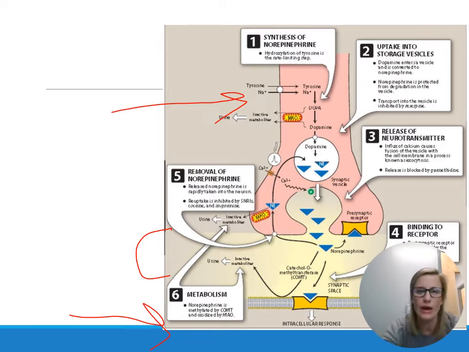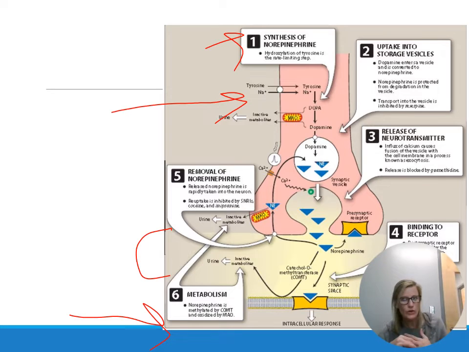So up here in our presynaptic neuron, you can see the synthesis of norepinephrine. So up at step 1, tyrosine gets transported into the neuron, and it gets hydroxylated or turned into DOPA by an enzyme called tyrosine hydroxylase. Okay, so tyrosine hydroxylase is responsible for hydroxylating tyrosine into DOPA.